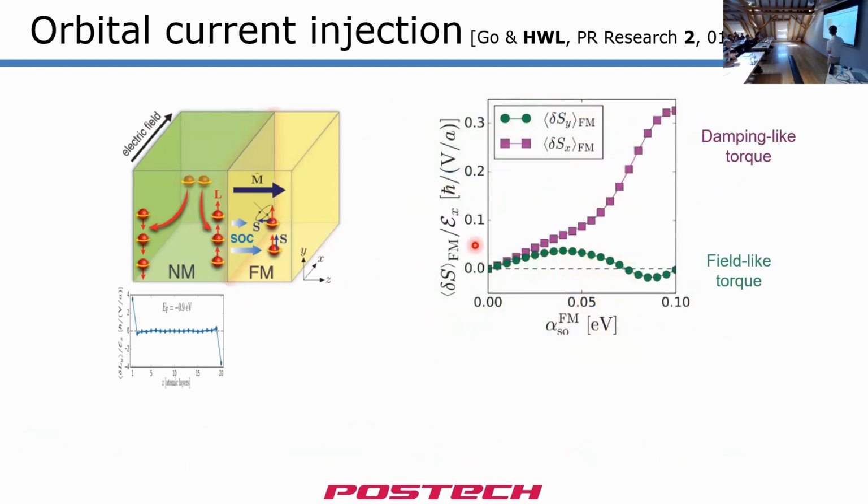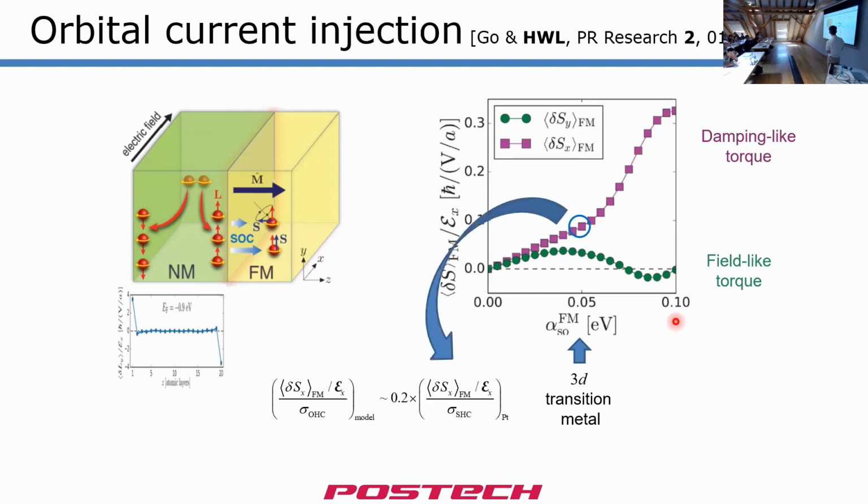And we tried to estimate how large a spin-orbit coupling is needed to generate orbital torque. So again, we did a model calculation. Here, the horizontal axis represents the spin-orbit coupling strength in the ferromagnet, and the vertical axis represents the generated torque strength. For platinum, we have values somewhere here. And for a 3D ferromagnet, we found that the value is somewhere here. So it is smaller than the typical platinum value, but still comparable.